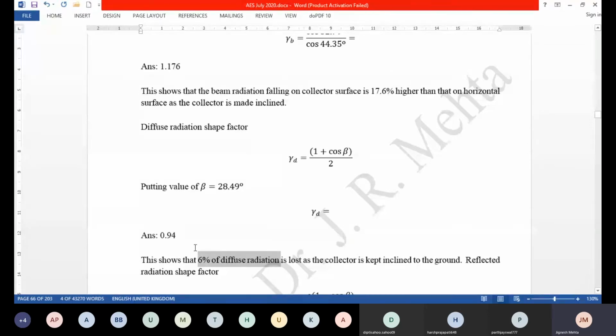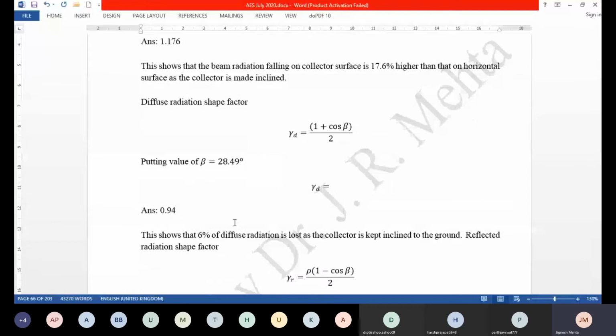If it is horizontal, then you get 100%. That is gamma D is equal to 1, but here it is 0.94. So only 6% is sacrificed, and again, diffuse radiation component is lower. It is just 200. So you have sacrificed 6% of that 200. So that's not a big sacrifice, right? So this is the reason why if you make it inclined at the proper angle, it would be generally advantageous.